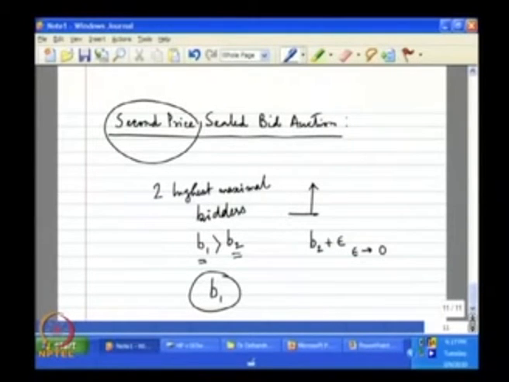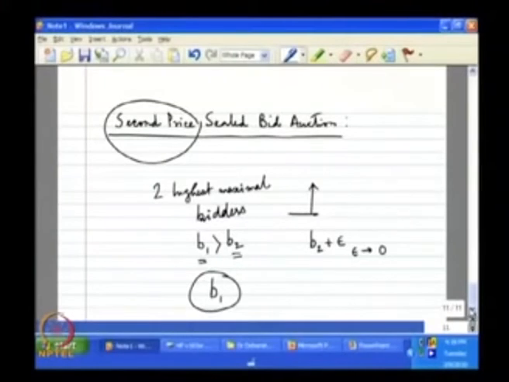And it is sealed bid, because I do not know what is the bid submitted by other players. It is important that it is sealed bid, because if you remember, in this strategic game I do not know the action taken by any other player. So, it has to be a sealed bid auction. So, this is the rule of the game.